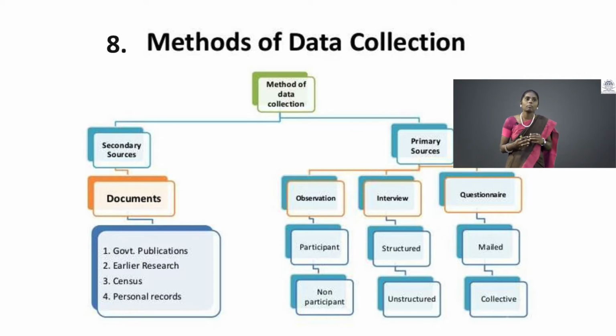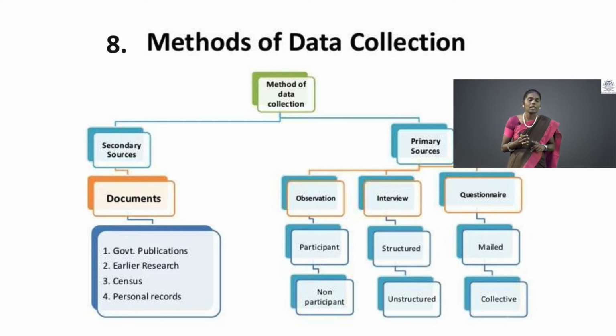Observation, it could be participant, you being a participant and observing. So the example that I have told you about the NGO Bhumi that has a formal mentoring program. You can observe and collect data by being a mentor, and you can also try to gather information about what mentors learn, by experiencing it, by participating in the activity, or by being a non-participant, by being just an observer, you will also be able to gather information.